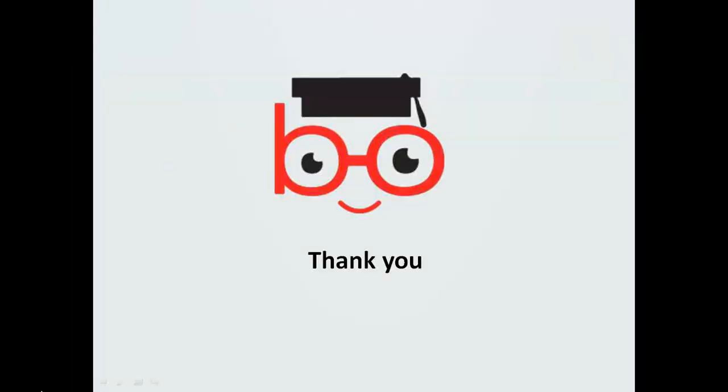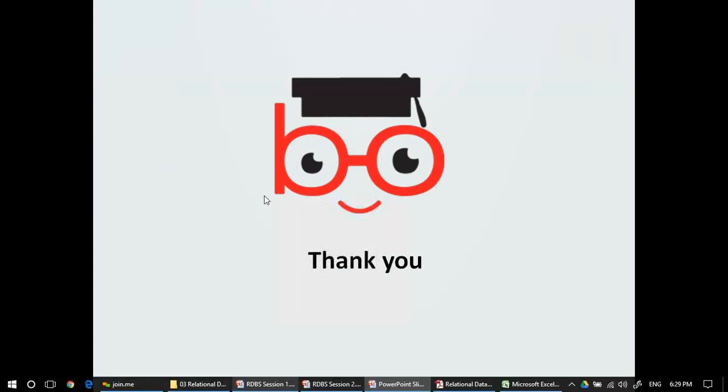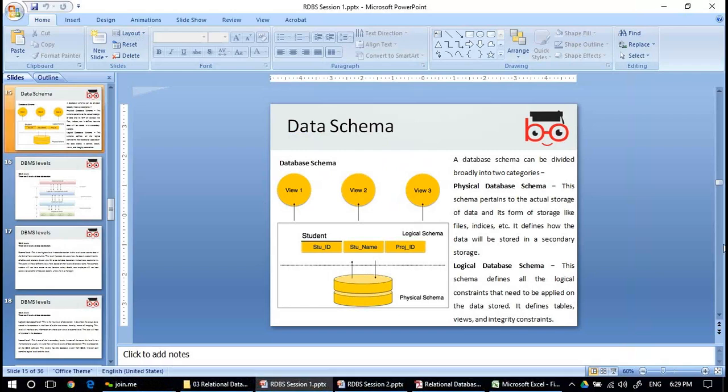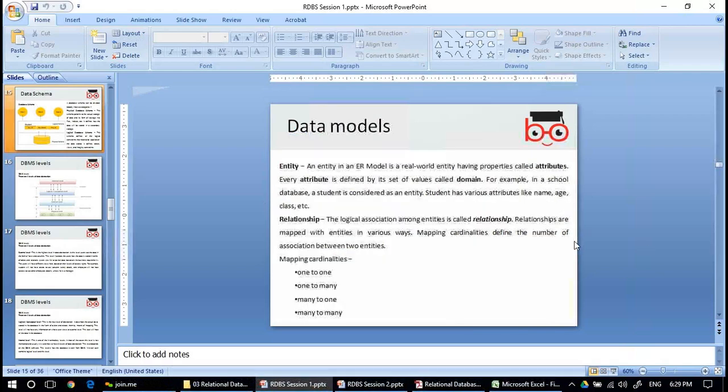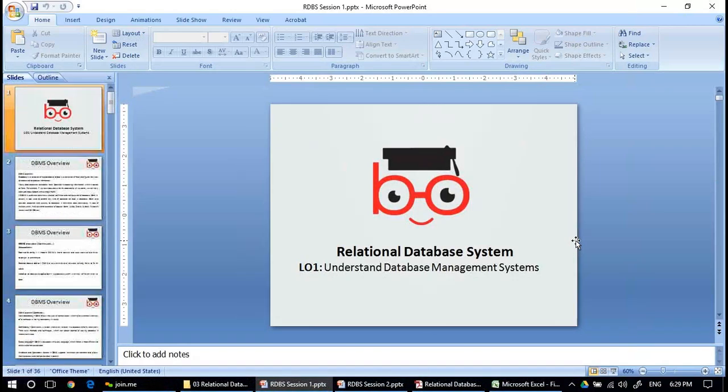So we discussed the remaining part of learning outcome 1, which was the first session of the relational database systems. And Khalid has also joined now, and I hope Khalid is listening to the lecture as well.